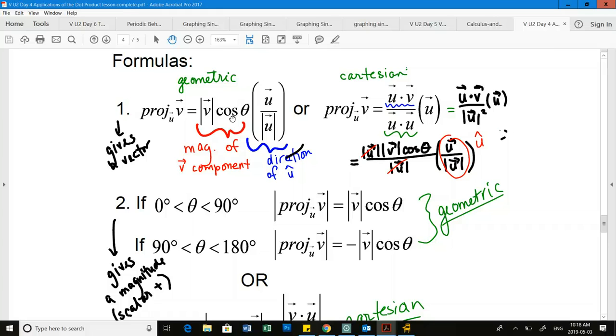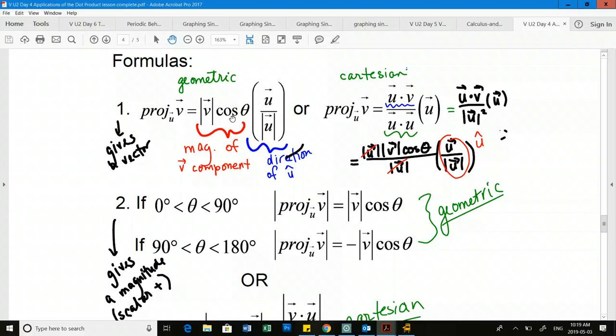Okay, so this looks a little bit kind of crazy right now, but I'm focusing on the Cartesian projection formula up on the top right here. And because we're finding the projection of V onto U, this formula should look exactly the same as it looks up here.